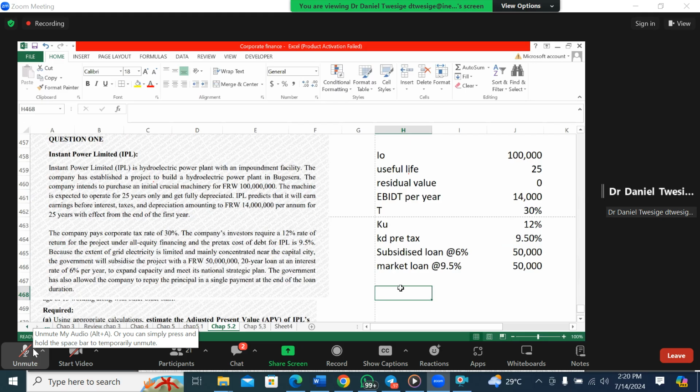So it's not going to be an annual payment. I don't know whether the interest will be annual. The single payment of the principal will be paid at the end.